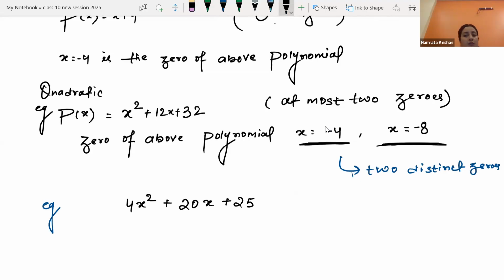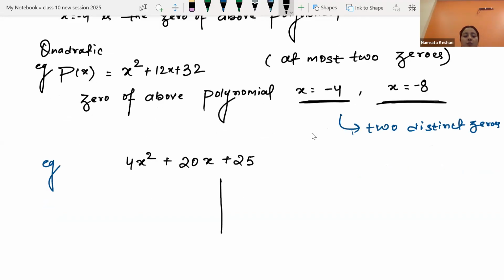You can do splitting the middle term over here, or you can solve it another way as well. If you apply the method of splitting the middle term, you get 4x square. 25 into 4 is 100. And we are thinking what are the two numbers which can be taken, which will give us 20, right?